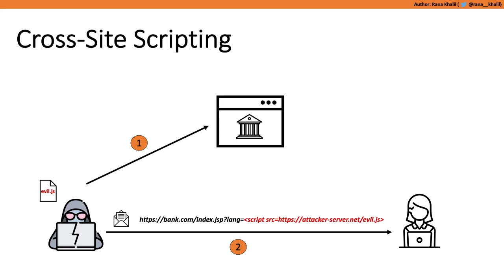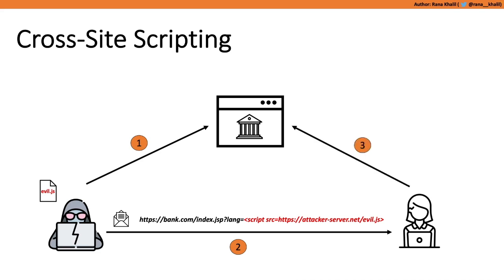She's gone through all the security trainings, and she knows that she needs to check the domain of the link. Now, Alice hovers over the link and sees that the domain is truly the domain of her banking application, which means that she should trust the link and click on the link to perform her banking operations. And that's essentially what she does.